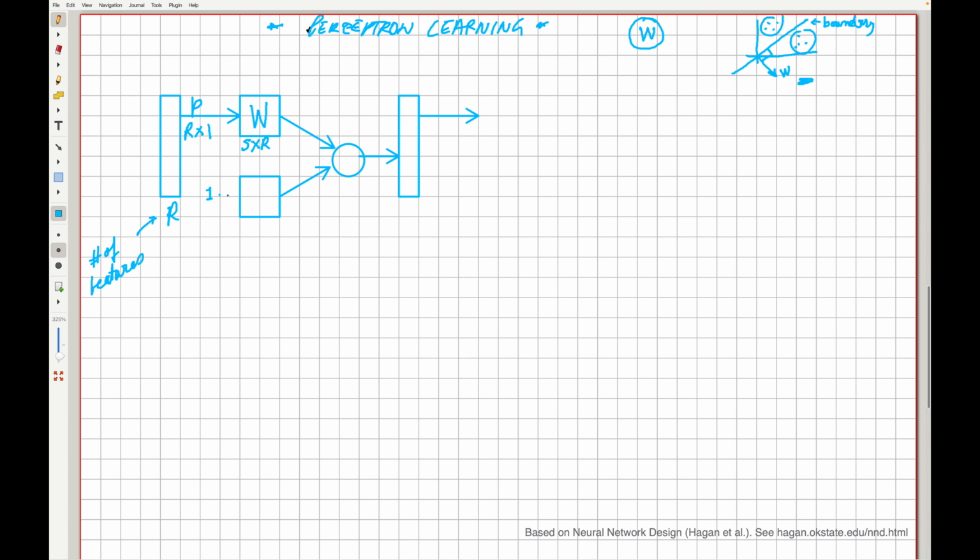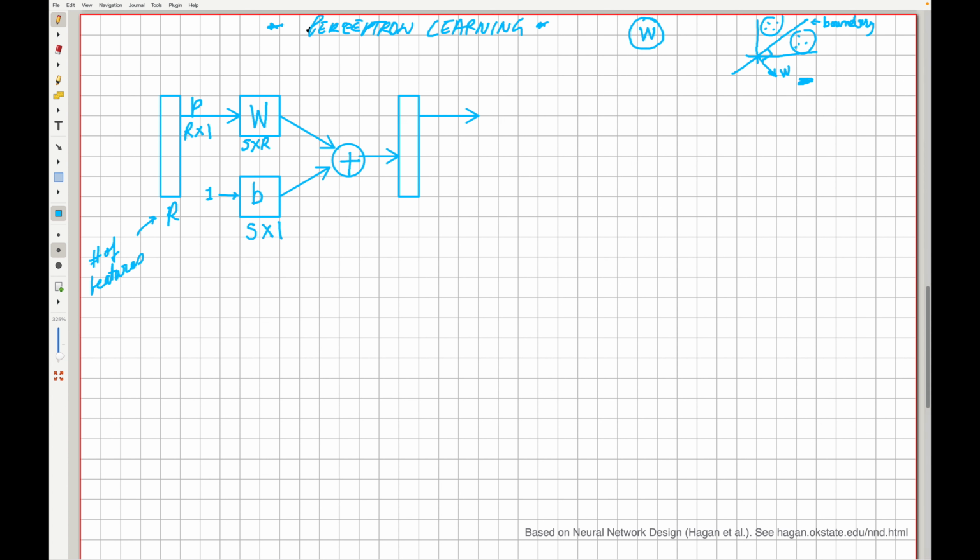Let's say the input is 1 for the bias, which is lowercase b, and each neuron would have one bias, so we have S number of biases. So the shape is S by 1.